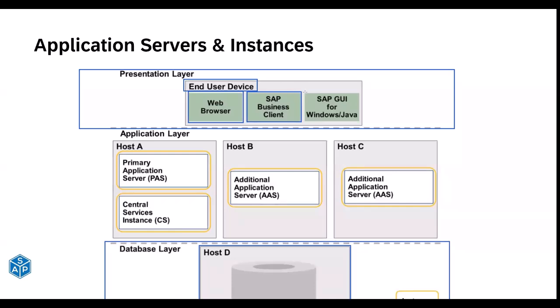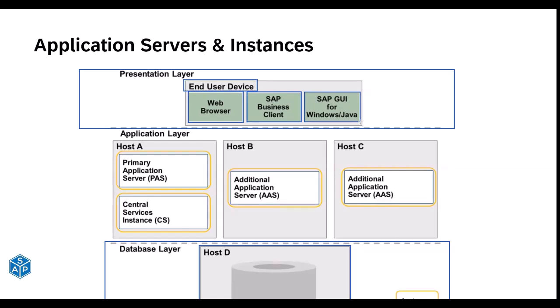Then you have your SAP GUI, the same software which we are using. The SAP GUI software comes for Windows and Java. For a system on the Windows platform, you will install the SAP GUI for Windows. In case someone is using a Linux system or a Mac system, you cannot install the SAP GUI for Windows on them.